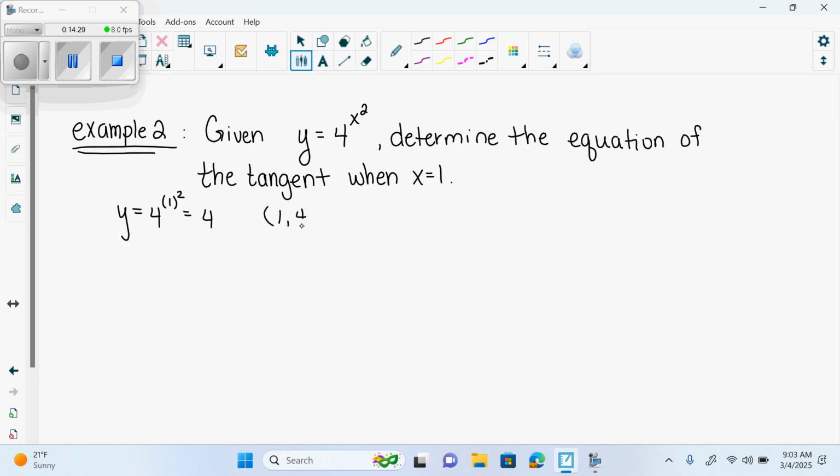So I know my coordinate is (1, 4), and that's going to be my x1 and my y1.